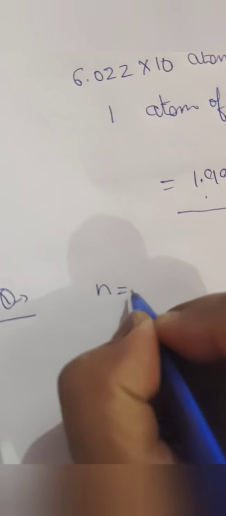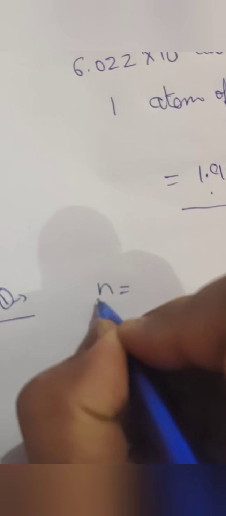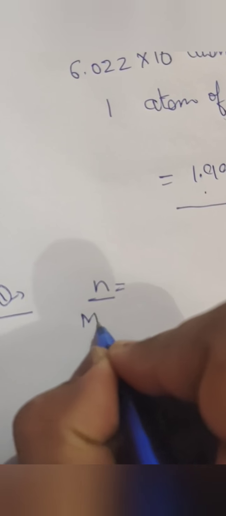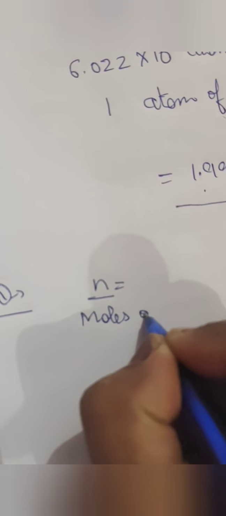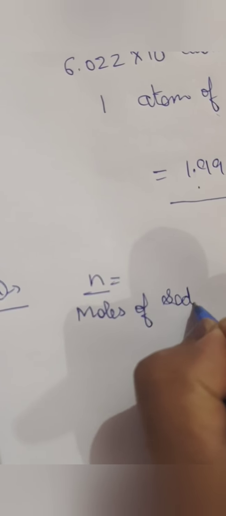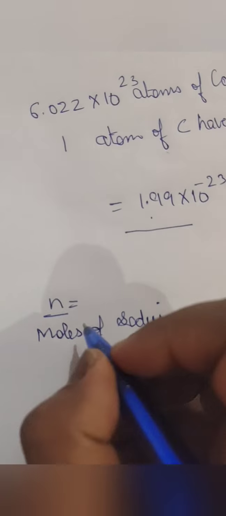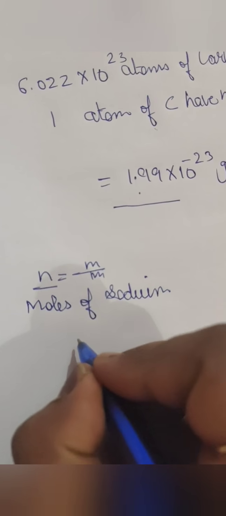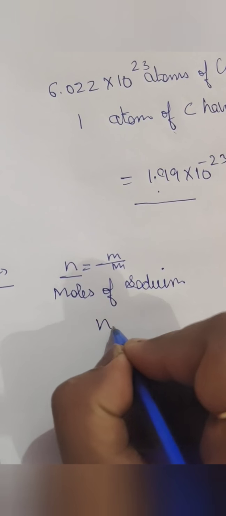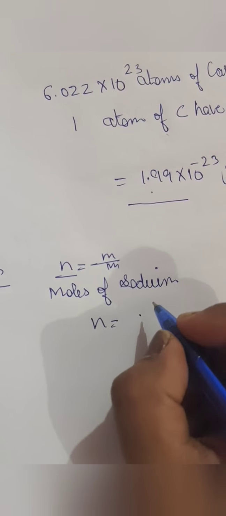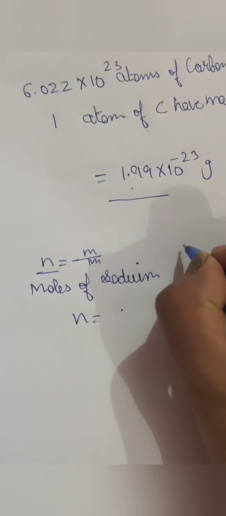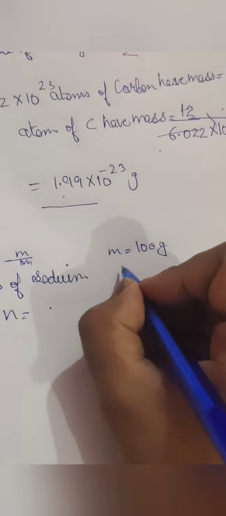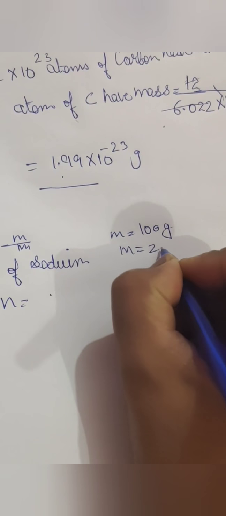So n here is actually the moles of sodium. Okay, so n is small m upon capital M. So n equals small m, which is 100 grams, upon capital M, which is 23.